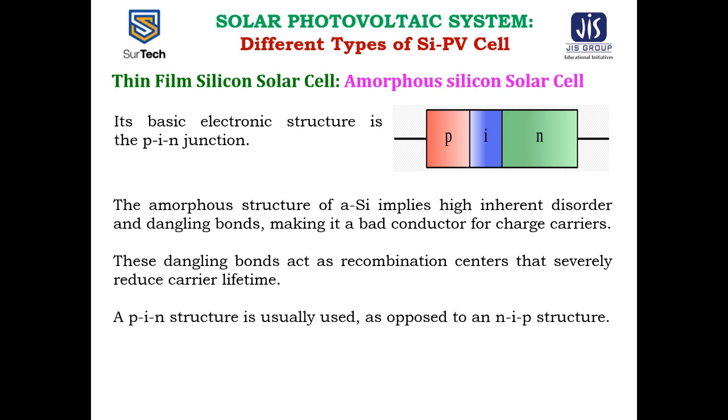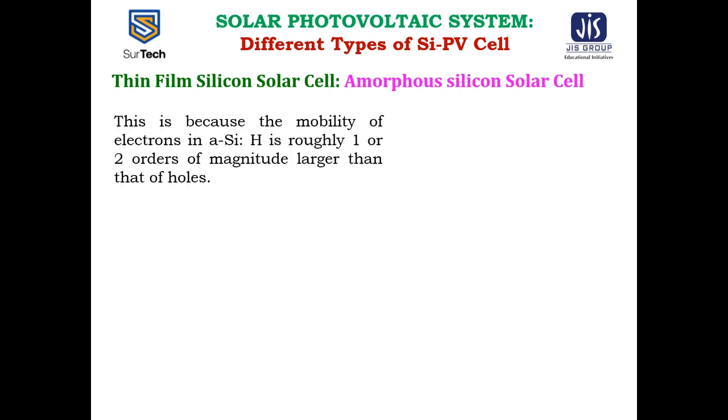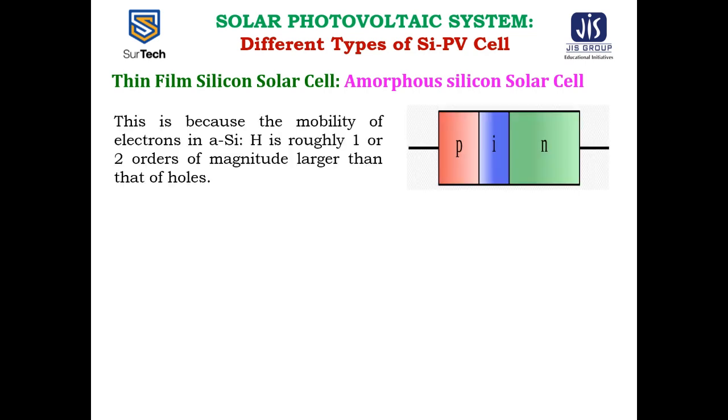A PIN structure is usually used as opposed to the NIP structure. This is because the mobility of the electrons in amorphous silicon-H is roughly 1 or 2 orders of magnitude larger than that of the holes.